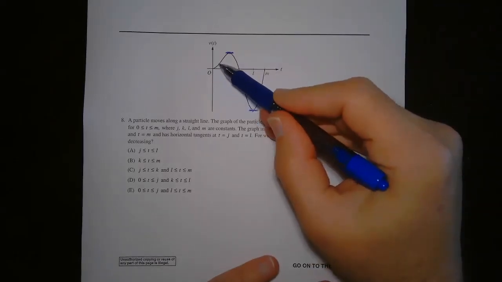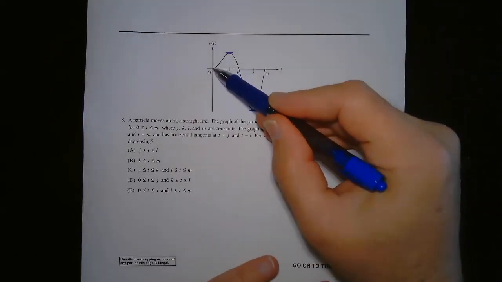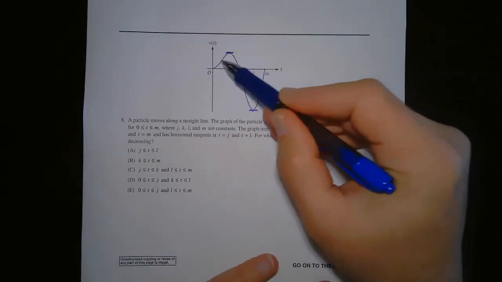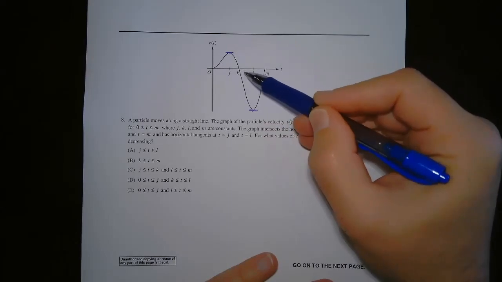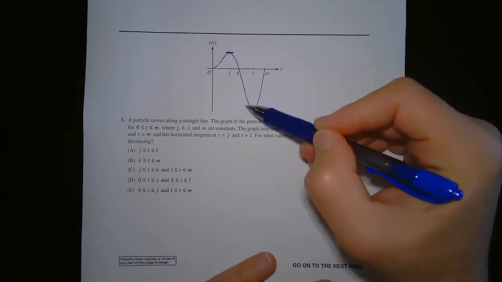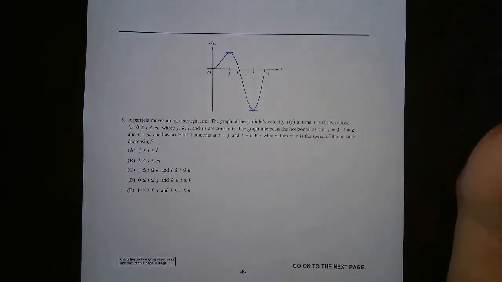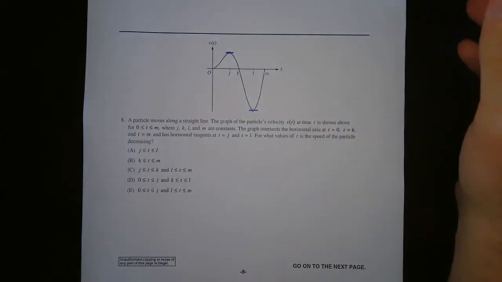So the velocity is positive in between zero and k. The velocity is positive because this is the velocity graph, and the velocity is negative from k to m. So we need to look at acceleration too. What's acceleration? Acceleration is the derivative of the velocity, right?